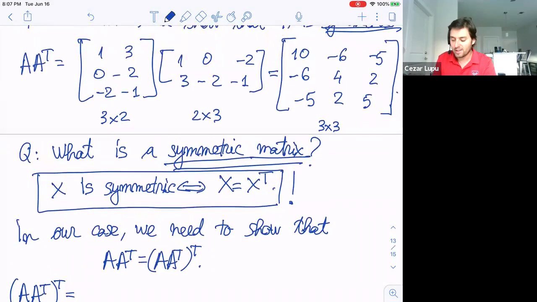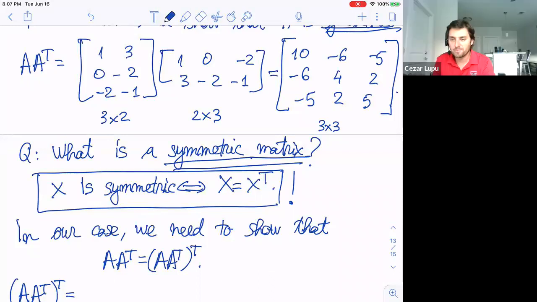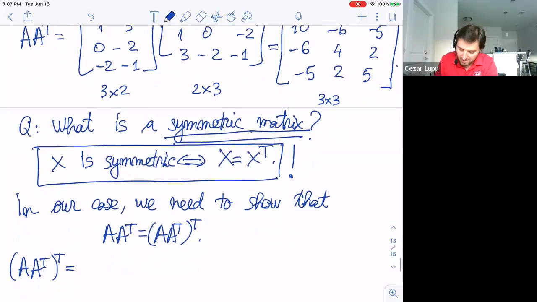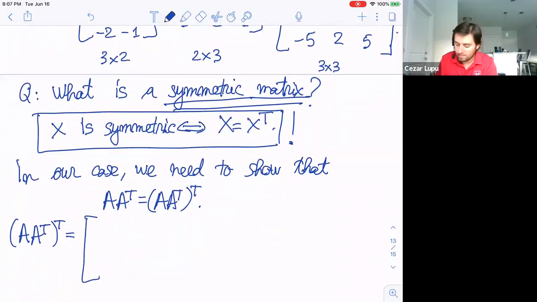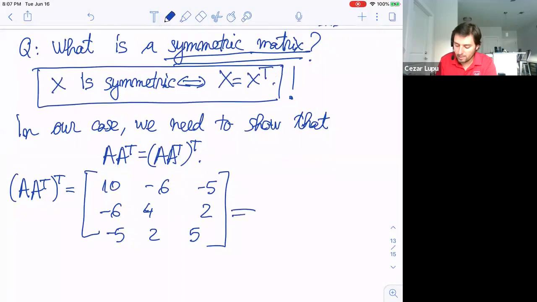The second row is the same as the second column, and the third row is the same as the third column. So basically it's going to be the same thing: 10, -6, -5, and -6, 4, 2, -5, 2, and 5. So this implies that indeed AA transpose is symmetric.